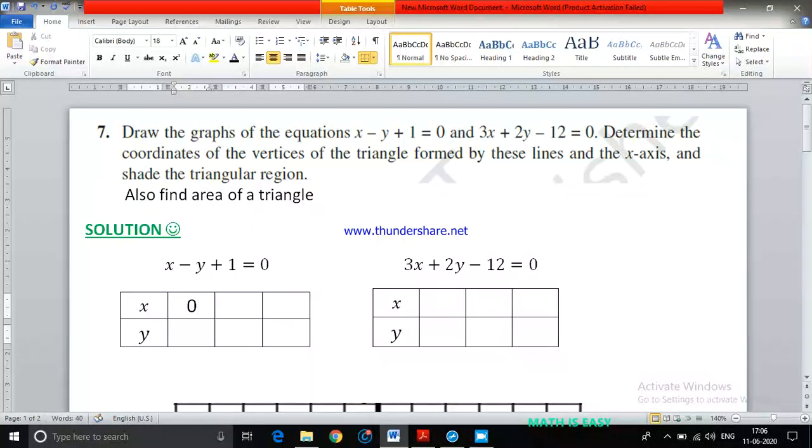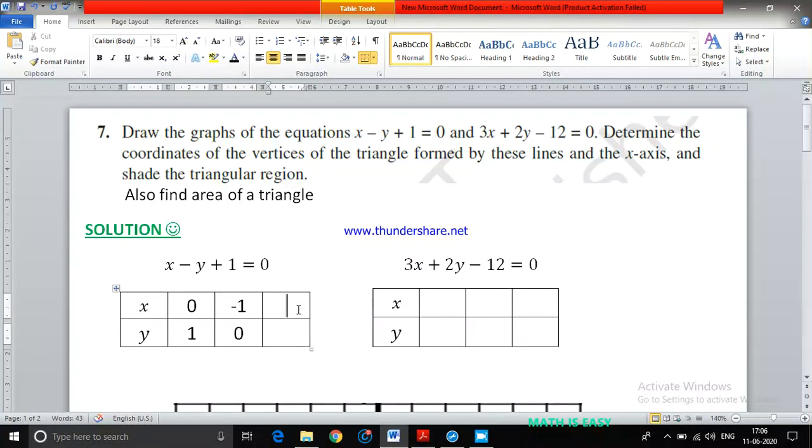If I take x value as 0, what do I get as y value? If x value is 0, I get y value as 1. If y value is 0, then x value will be minus 1.